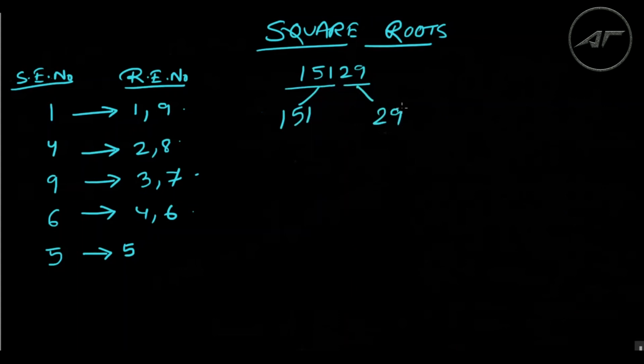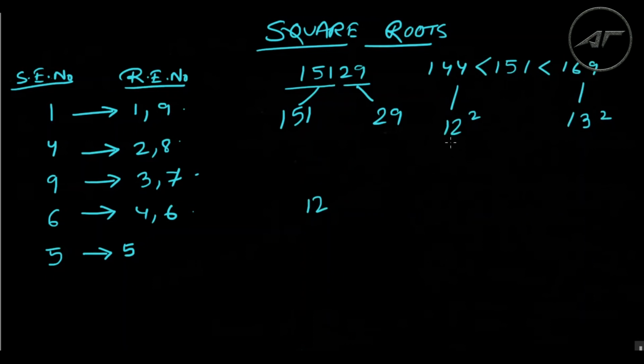Now here we can check easily that 151 is less than 169 and it is greater than 144, which is 12 square and this is 13 square. Therefore this number will have a root whose first two digits are going to be 12.